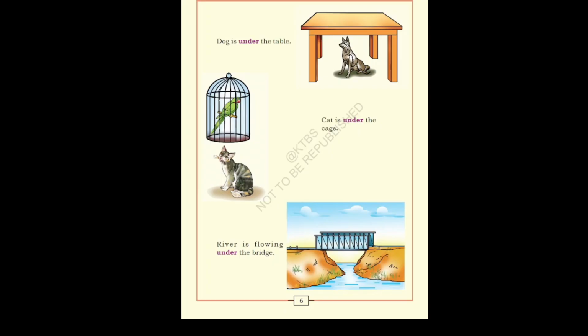So for that only we will call that as inside outside. Can you say top bottom also here? The dog is bottom of the table, so we can't say like that. The dog is under the table only.